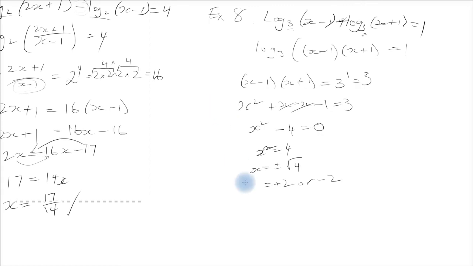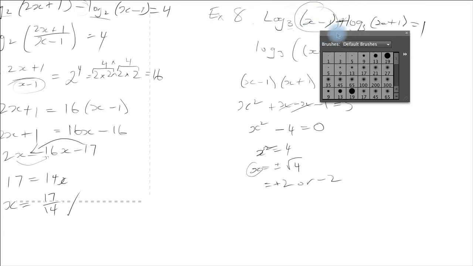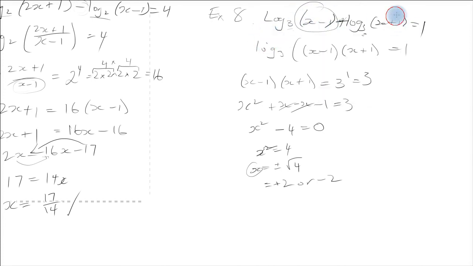So x could be plus 2 or it could be minus 2. Now the thing here is that these values in here have to be greater than 0. That was mentioned earlier.